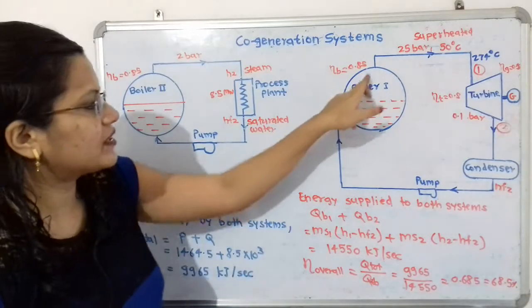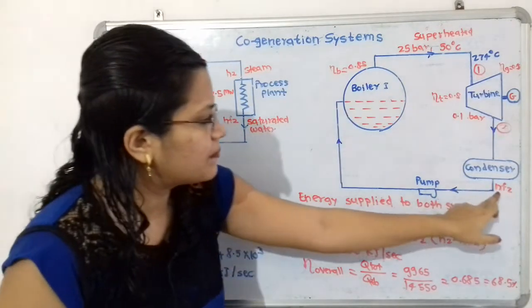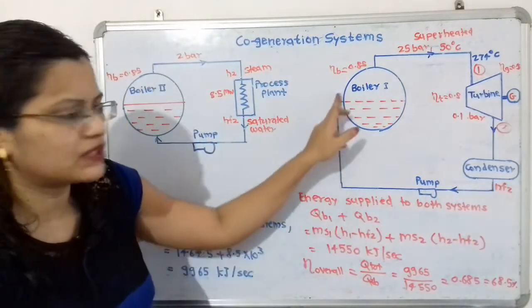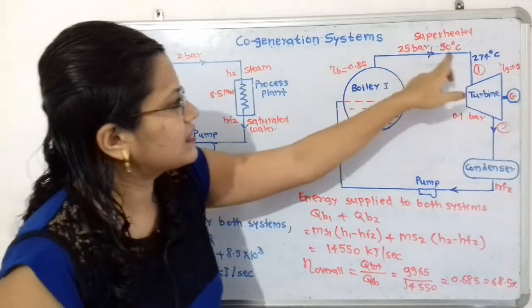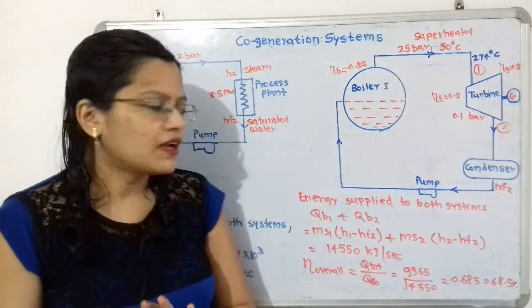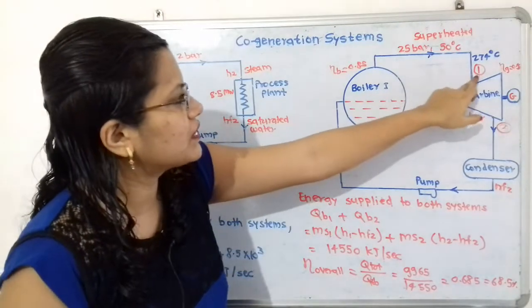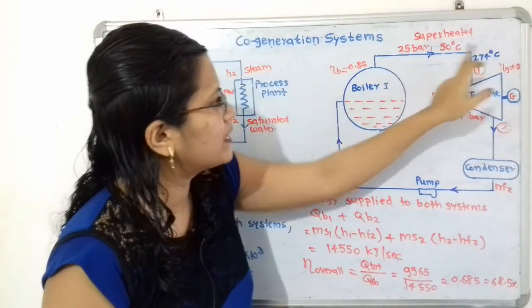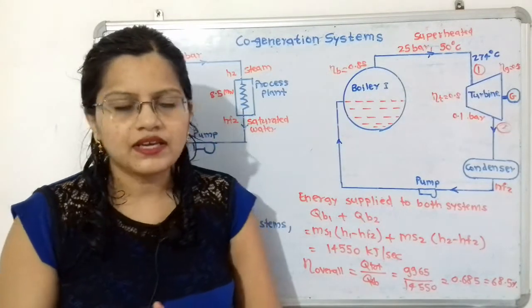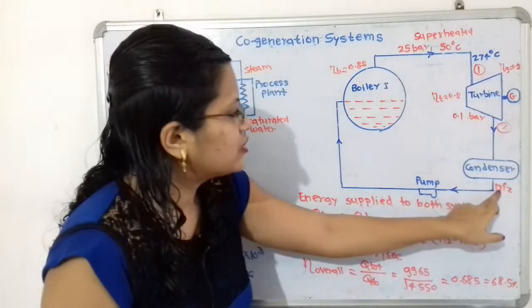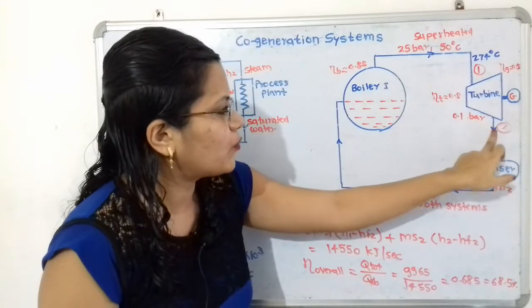And for the enthalpy difference, at the entrance enthalpy is HF2, that will come from the condenser, and at the exit enthalpy will be H1. Now this H1 we have to take at 274 degrees Celsius and 25 bar, that we have already taken, and HF2 we have to take at 0.1 bar pressure.